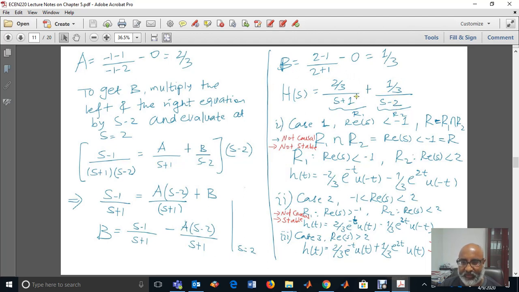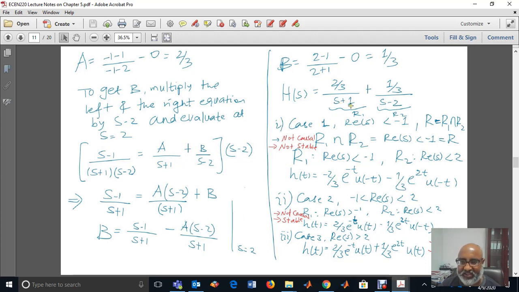Now this transfer function is open-ended. That means its region of convergence is not defined. So based on the 3 possible regions of convergence, we will have 3 different impulse responses. Let's take the first case. The first part has 2 alternatives: region of convergence less than minus 1 and region of convergence greater than minus 1.